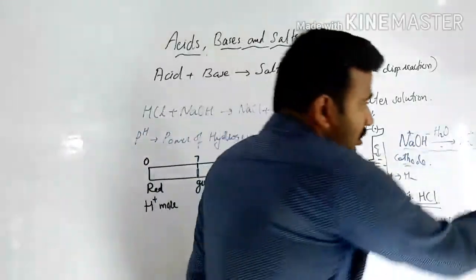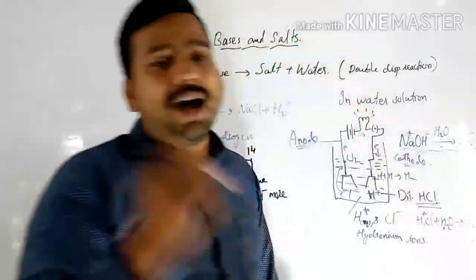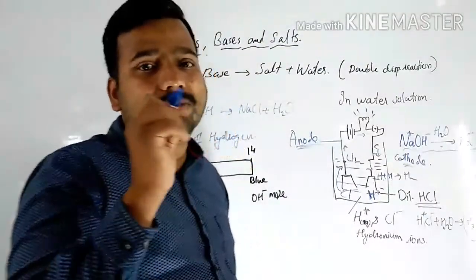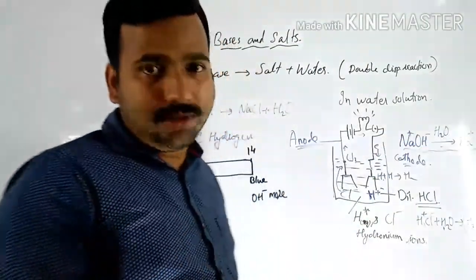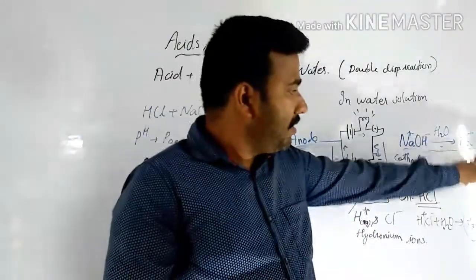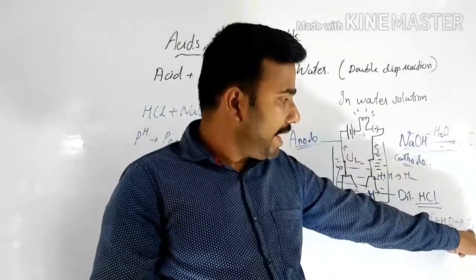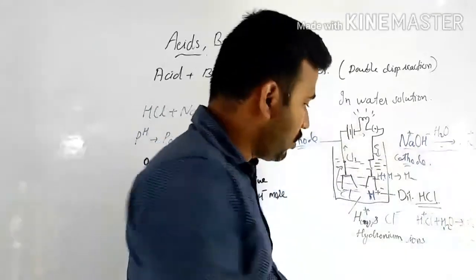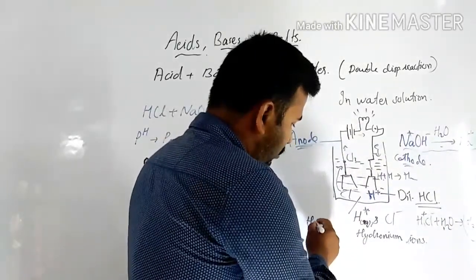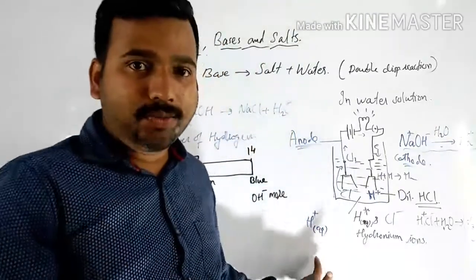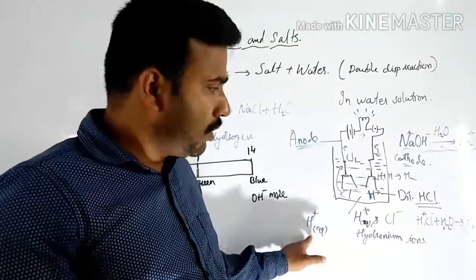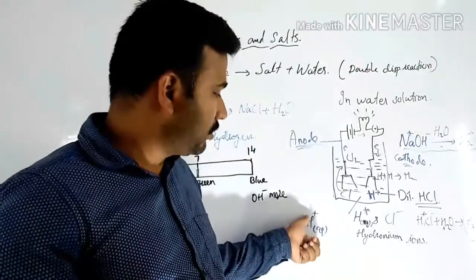Hydroxide ions are the specialty of bases. Bases will produce hydroxide ions. Similarly, we will get hydronium ions. We will notice this, H plus aqueous. Aqueous means the H2O molecule is already present plus this proton.